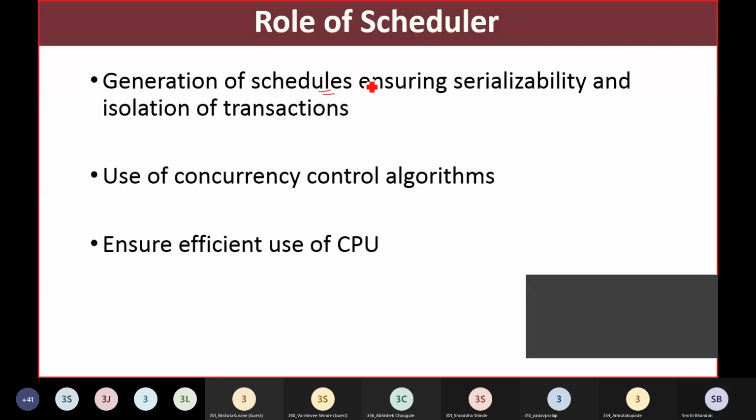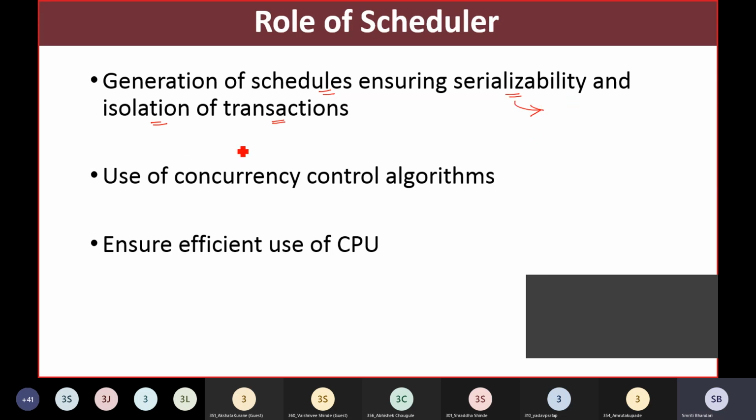So the role of the scheduler is to generate the schedules, ensuring serializability and isolation of transactions. Please note down this word serializability, which we are going to explore further.